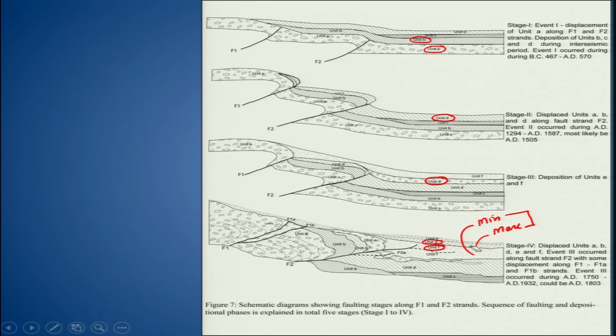So what we inferred is that the second event, event 2, was bracketed between 1294 AD and 1587, and most likely we correlated this event with 1505, and this is a well recorded event in historical data.